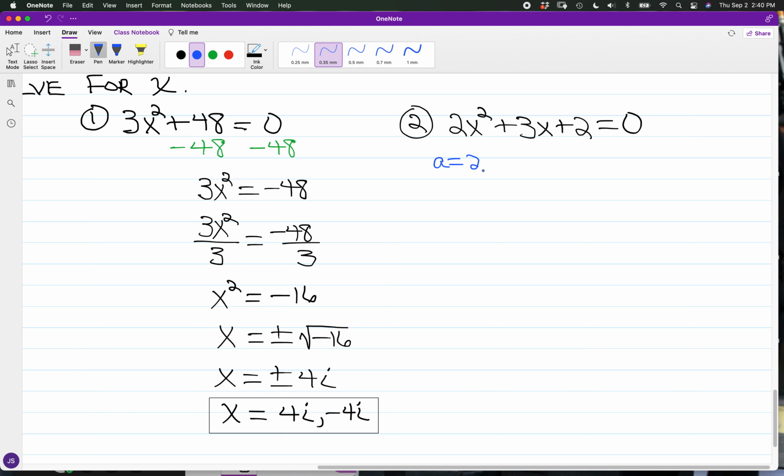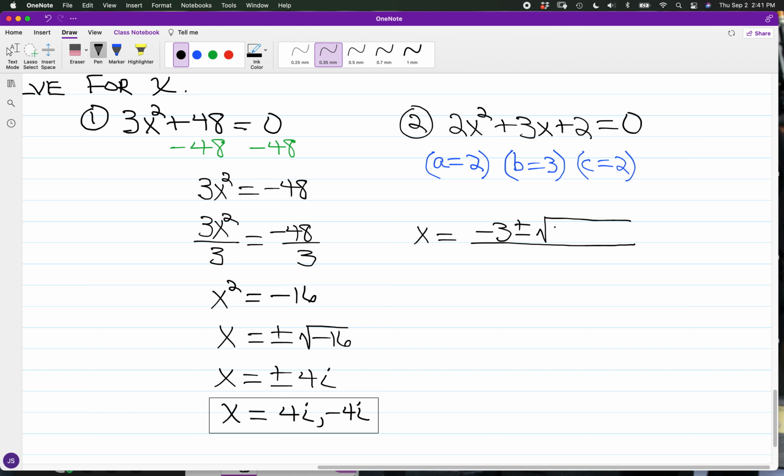And so we look at the quadratic formula once again. We have a at 2, in reference to 2x squared, b is equal to 3, and the constant at the end of the trinomial, like a, is equal to 2. Reapplying the quadratic formula, for negative b we have minus 3, plus or minus the square root.